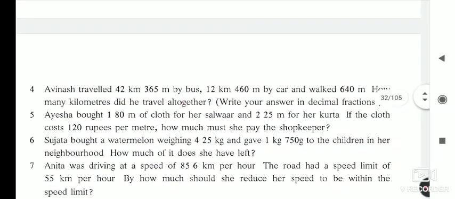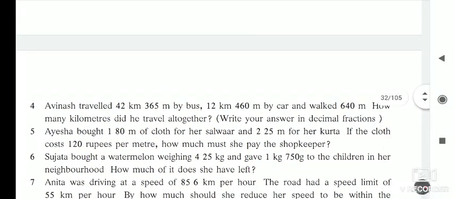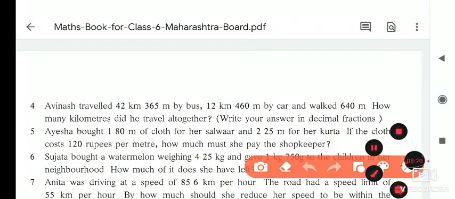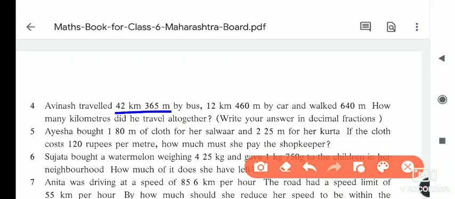Avinash traveled 42 kilometer and 365 meter by bus, 12 kilometer and 460 meter by car, and he walked 640 meter. Then how many kilometers did he travel altogether? Write your answer in decimal fraction.